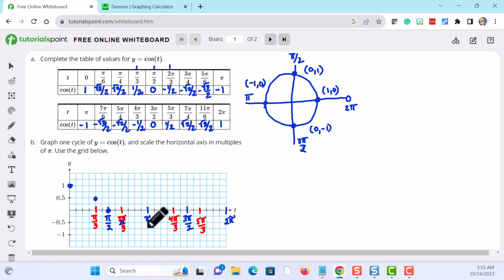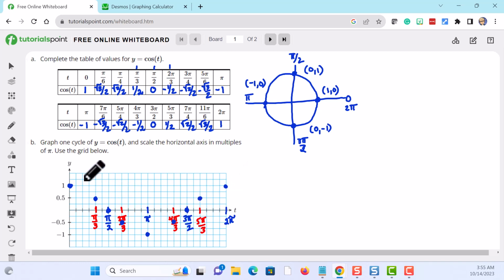Pi, negative 1. 4 pi over 3, negative 1/2. 3 pi over 2, 0. 5 pi over 3, 1/2. And 2 pi, 1.